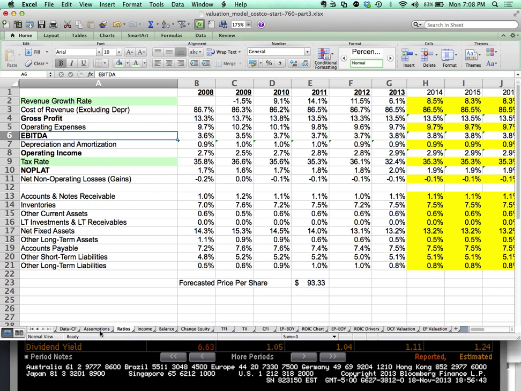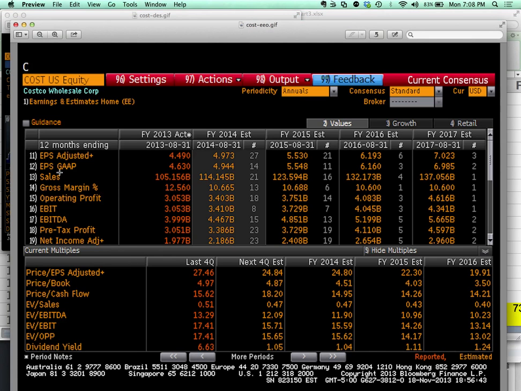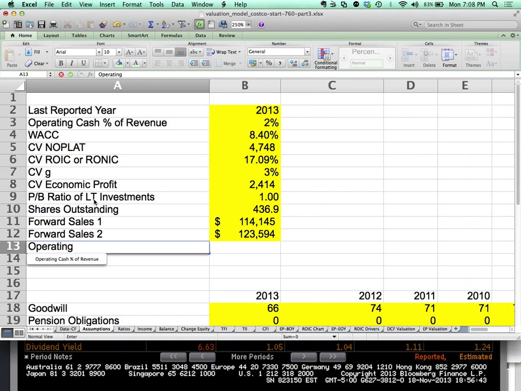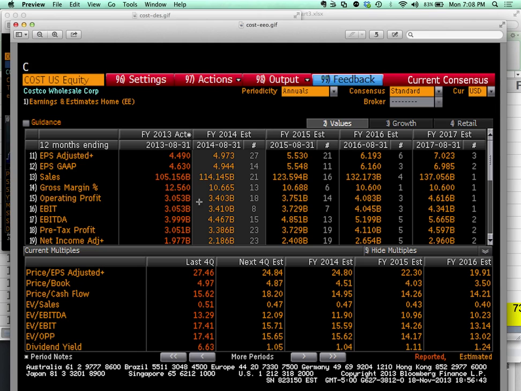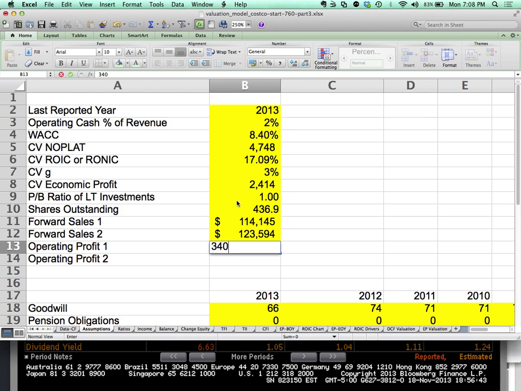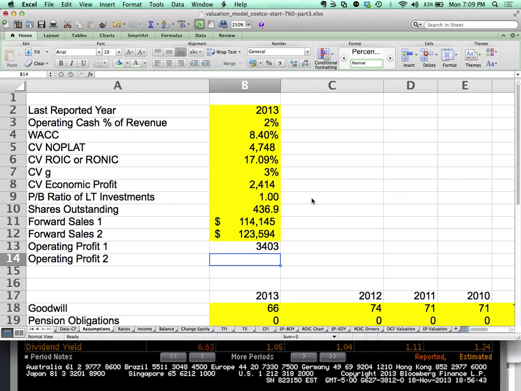I know that my operating profit in forward year 1 and my operating profit in forward year 2 have already been forecasted. 3403 and 3751.